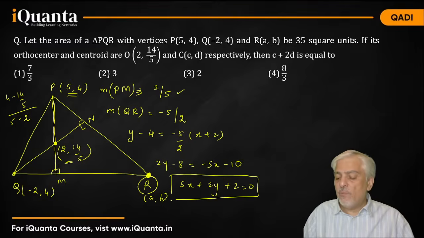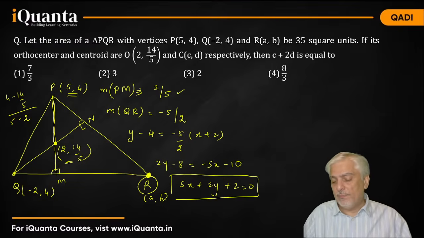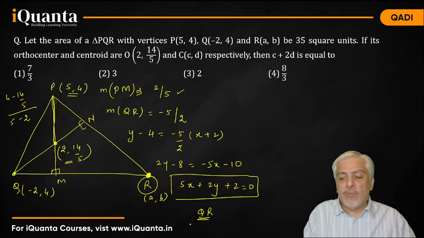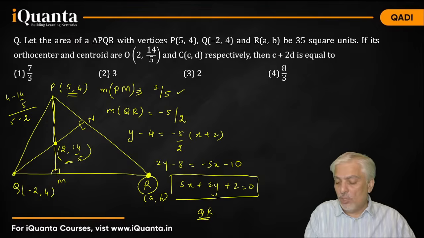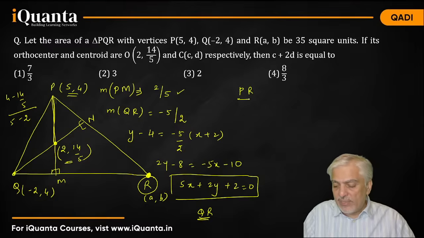Same way we can find the equation of line PR. This is the equation of line QR. Everybody just go through this much and see if you understood QR first. Okay, 5x plus 2y plus 2 is equal to 0. Now we can find PR in the same method exactly. So let's do slope for PR.